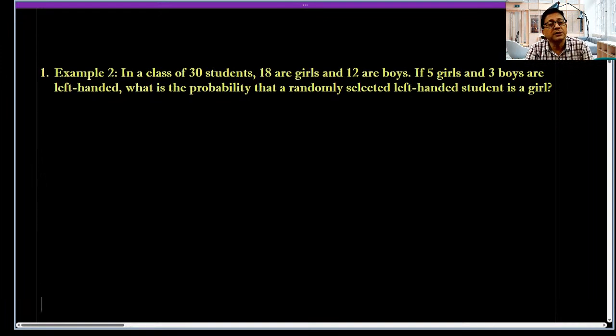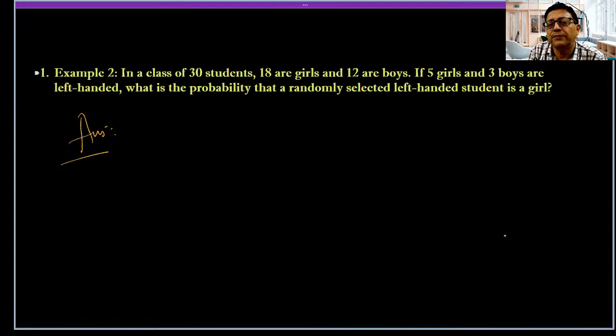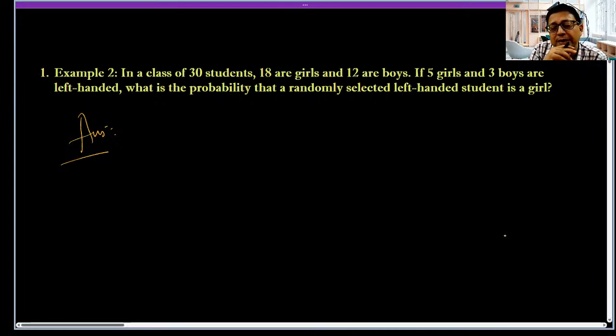If 5 girls and 3 boys are left-handed, what is the probability that a randomly selected left-handed student is a girl? We will be following the same manner.